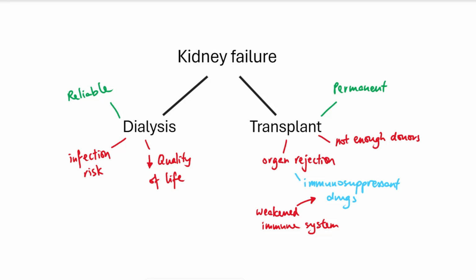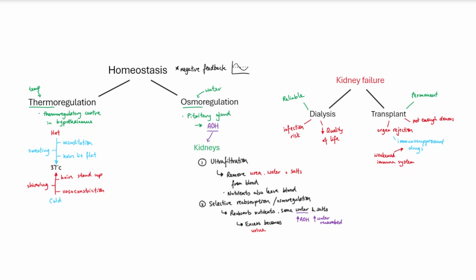And in terms of exam questions, what they might do is to give you some information about a particular kidney treatment. It could be a mixture of these two or perhaps a brand new treatment that you've not heard of before. And what they might ask you to do is to use the information provided and your own understanding, which is this one here, to evaluate the use of a particular treatment. So this is the summary of homeostasis.